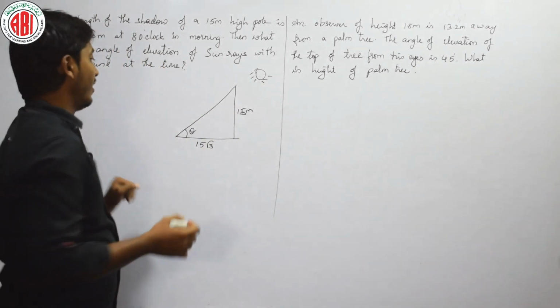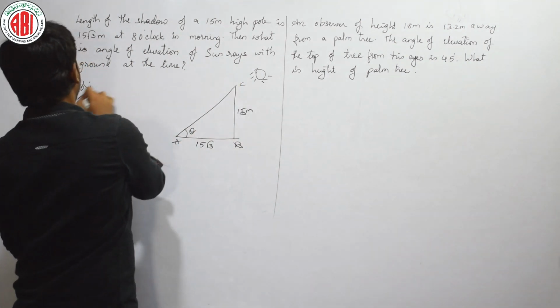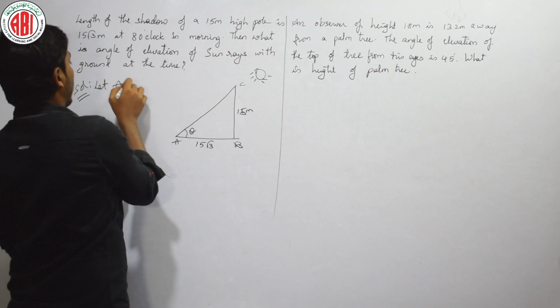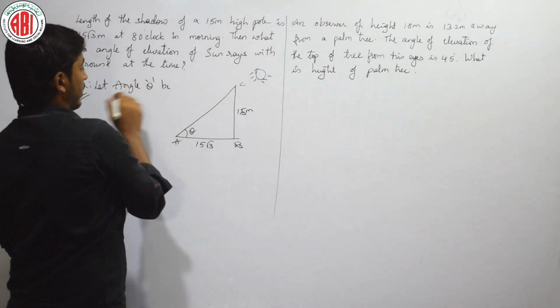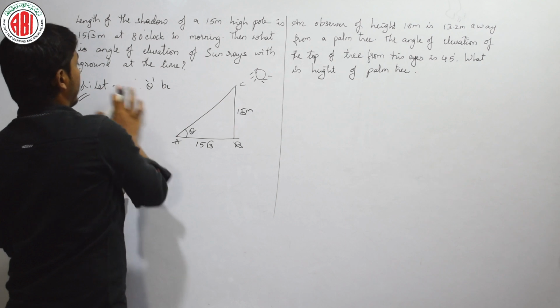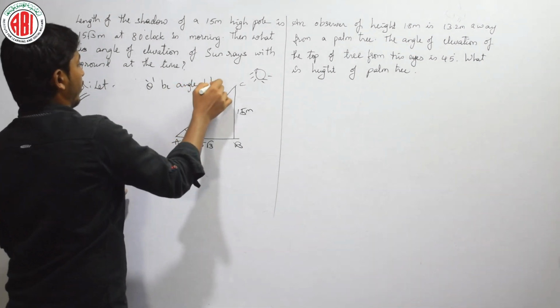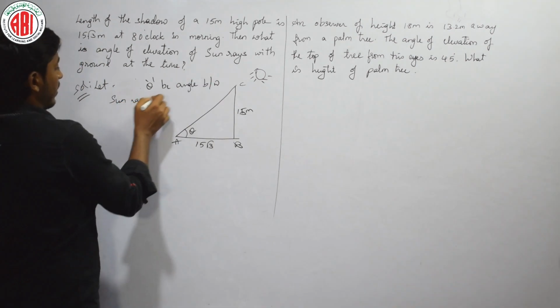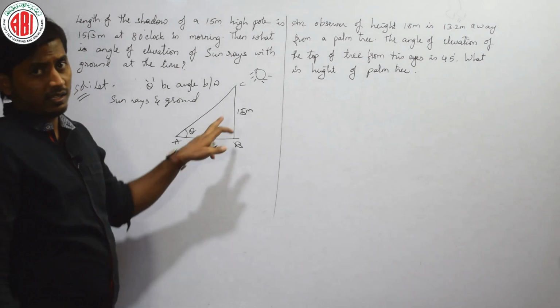Now see here, let us assume this as ABC. Let theta be the angle between sun rays and ground, right? This is the sun rays.